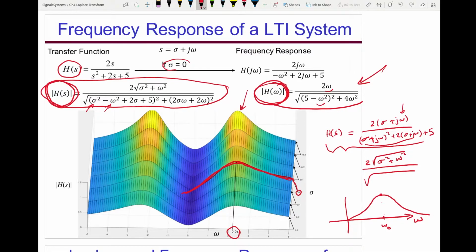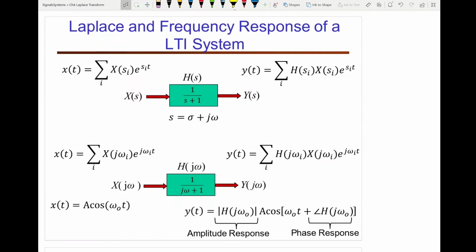Now let's look at the same thing but from a signal point of view. I can express any signal in the time domain as a linear sum of exponential signals e^(st). It has a decay rate and an oscillation rate. So you can have a signal that looks just like a DC, if sigma is 0 and omega is 0.